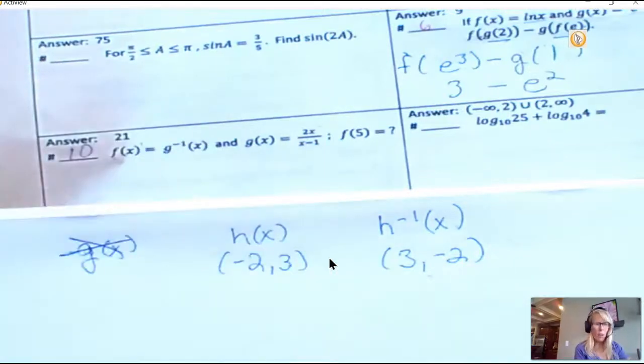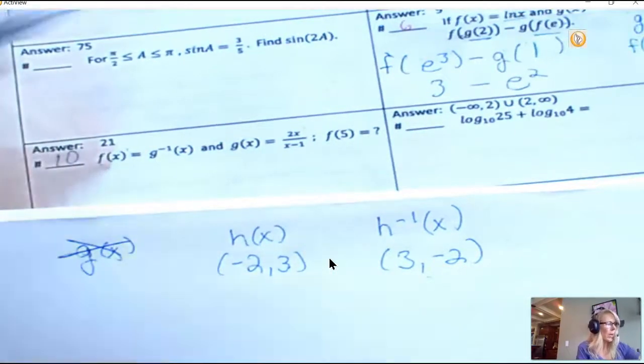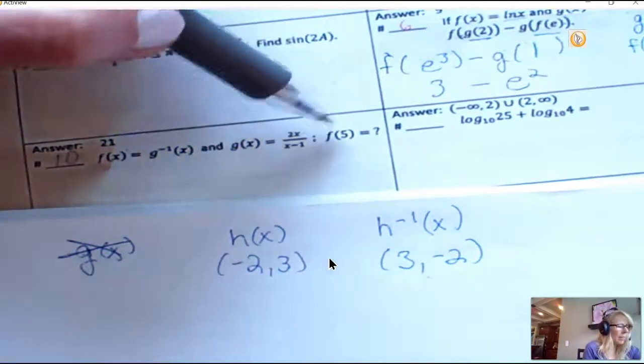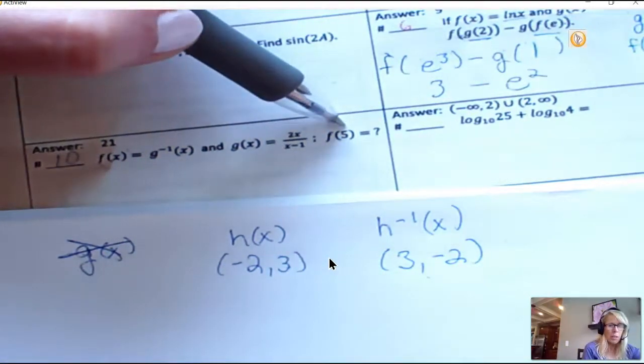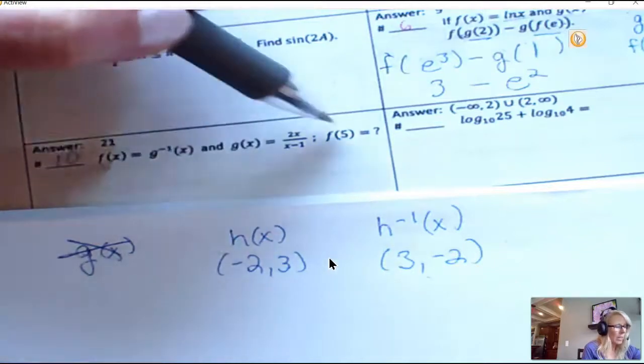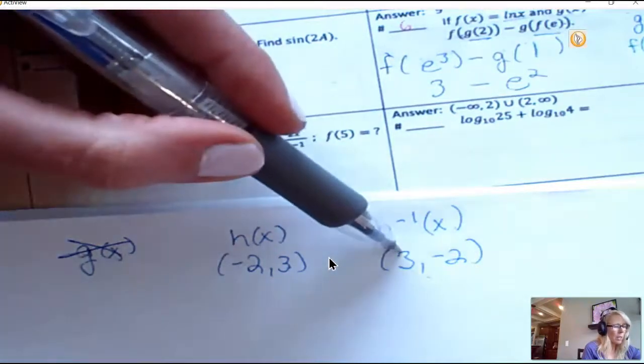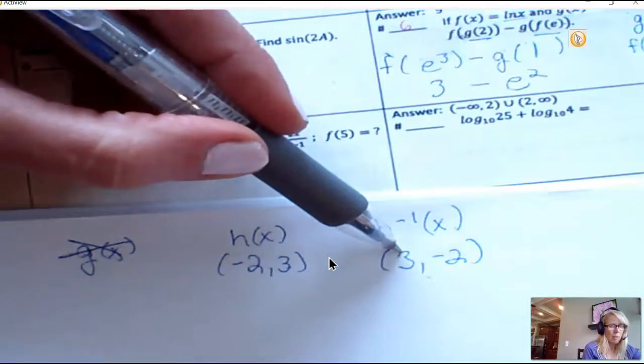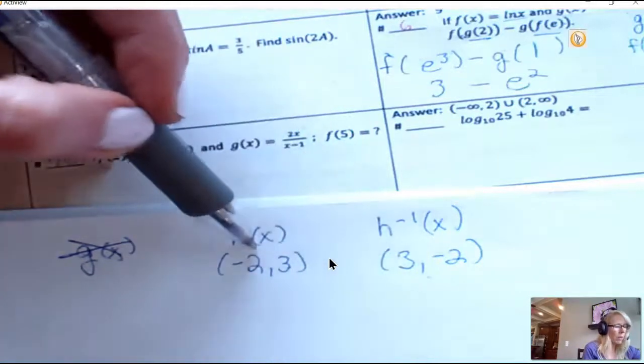Remember that? I hope you do. So if this is saying the x value for the inverse is 5, that means the y value for the original function is 5. Okay? And look at that. If the inverse x value is 3 on this one, then the y value of the original is 3.